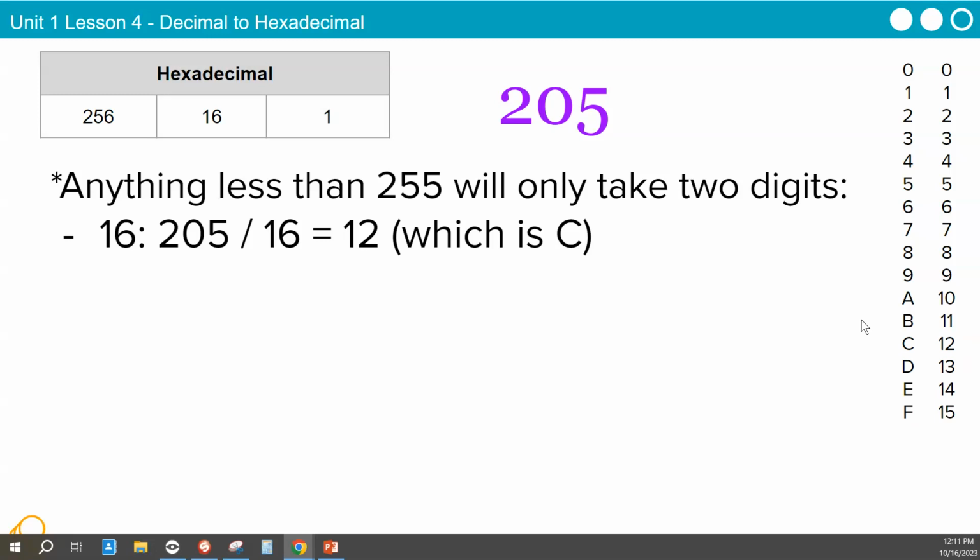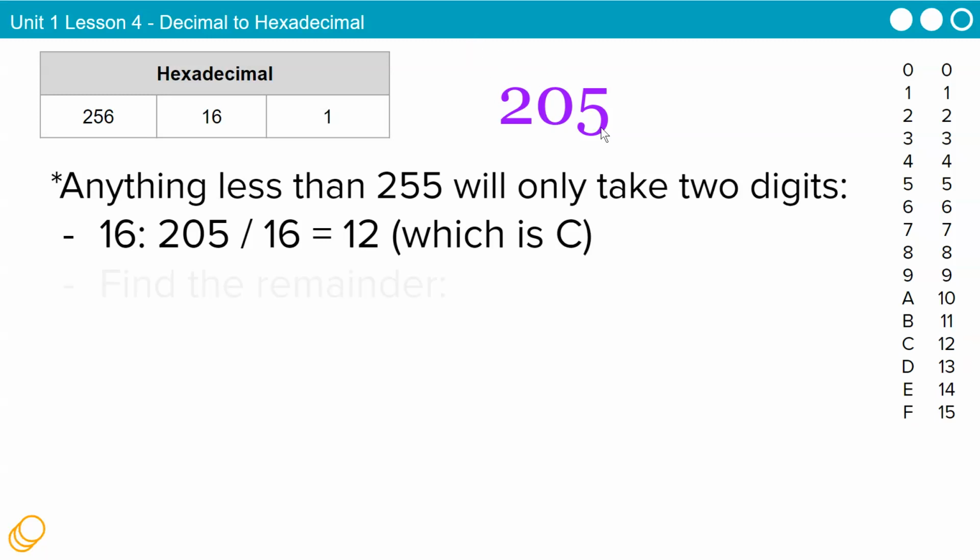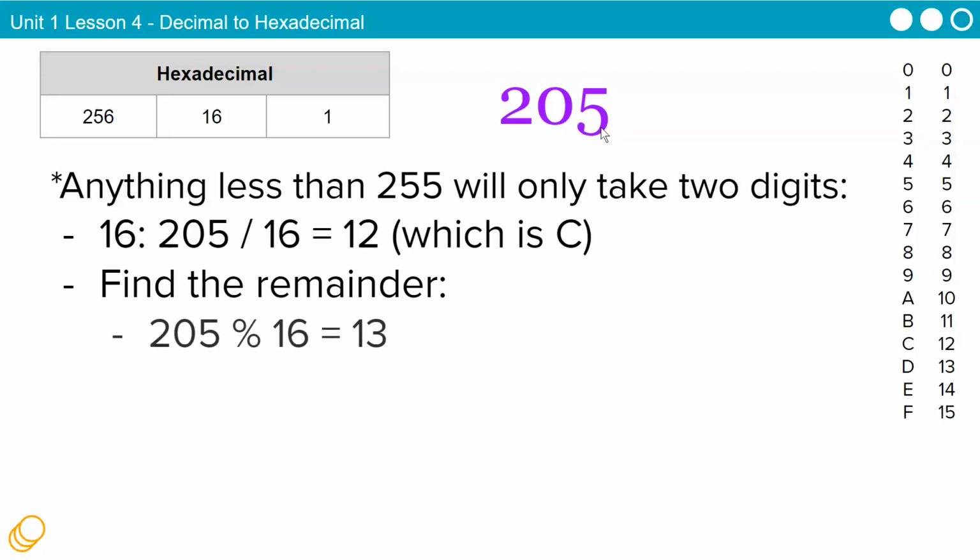After I have had 12 16s in there, what value is left of my 205? This is where mod comes in, because I need to know what's left over. So if I do 205 mod 16, you can type into your Google address bar 205 % 16, or 205 mod 16, and it's going to give you the result.